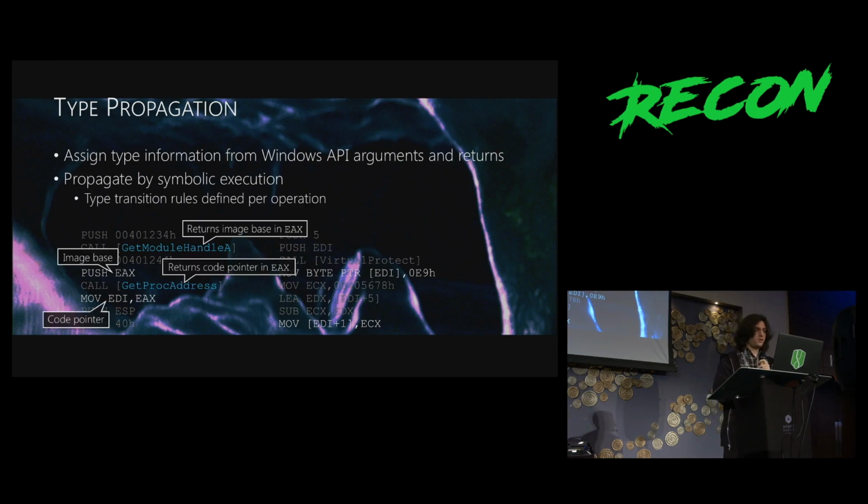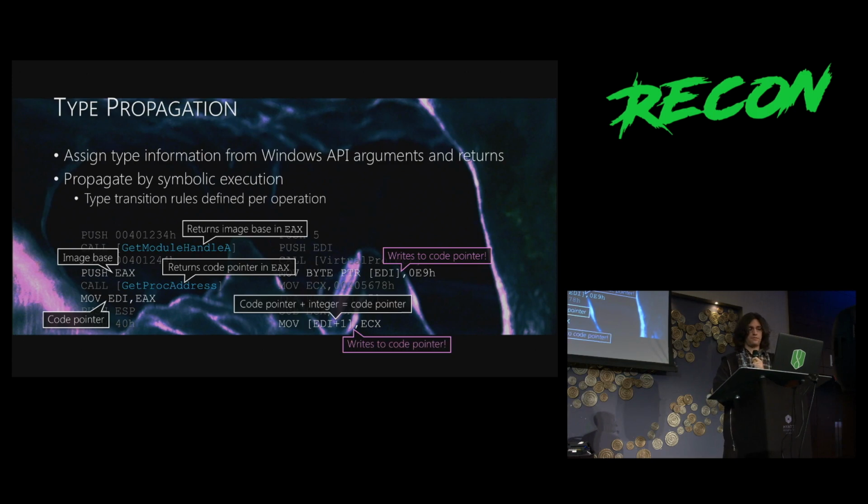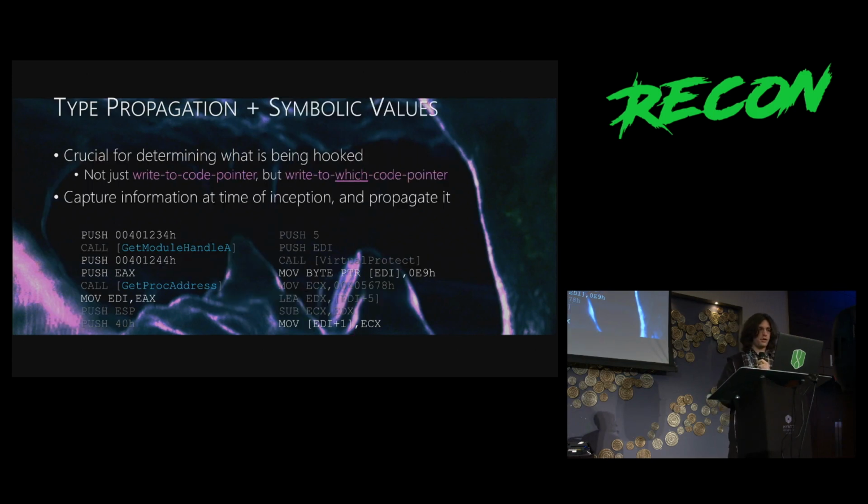And of course, if we want to look at the actual values, kind of annotated on top of the disassembly. So GetModuleHandleA returns the image base. There's the image base as you push it, code pointer, and we're actually writing to the code pointer now. So it's really important to be able to propagate types, because we actually can go a step further and say not just that there's a write to the code pointer, but which code pointer was written to.